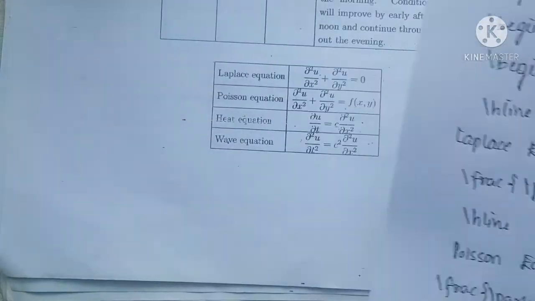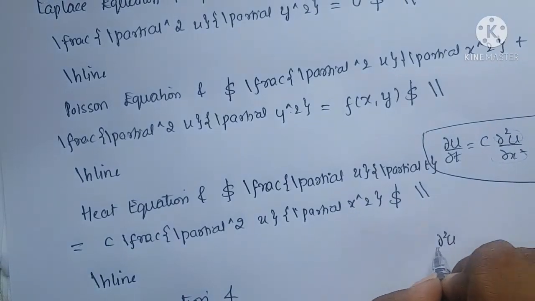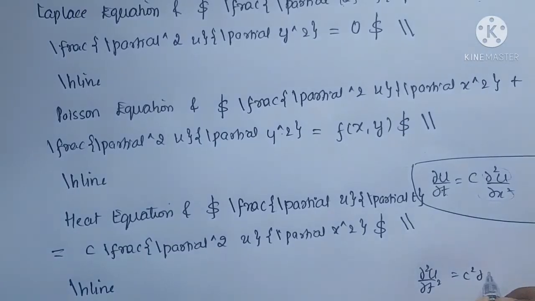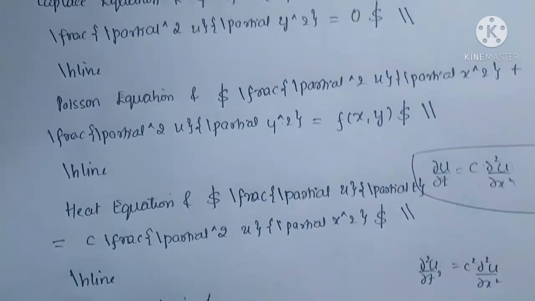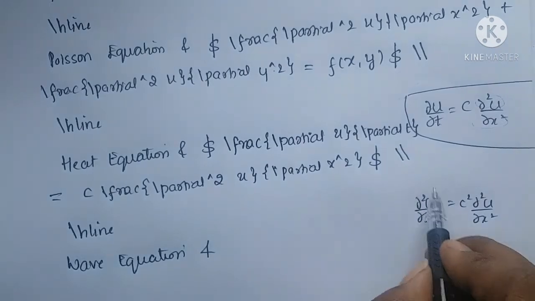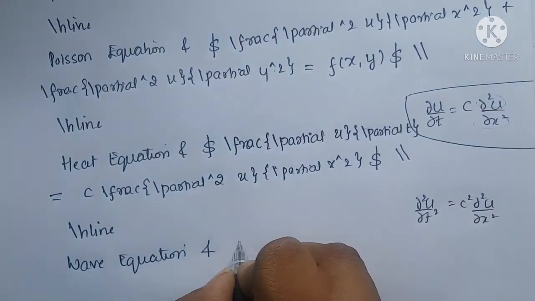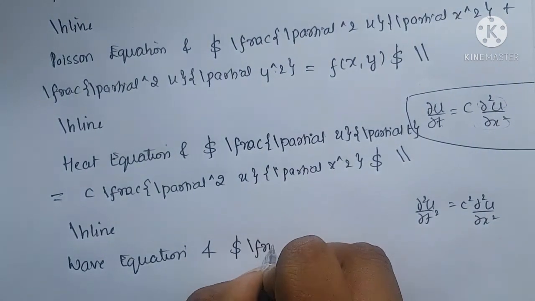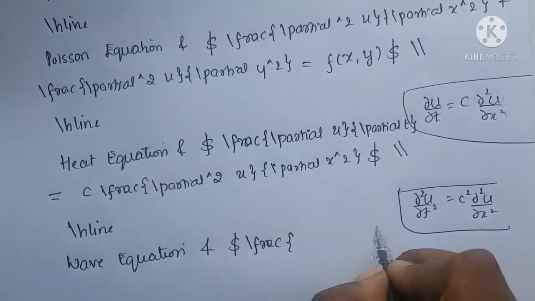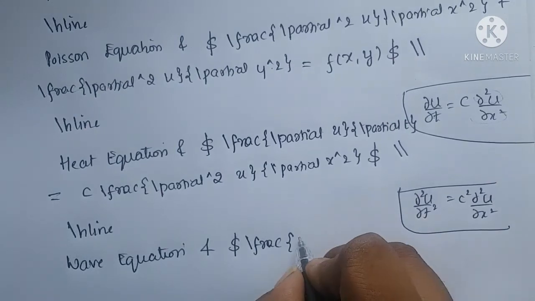What is the equation given? Dou square u by dou t square equals c square dou square u by dou x square. Now let us write the command for this. First observe, it is of the form fractions, so I want to use backslash frac. First mention numerator. What is the numerator?